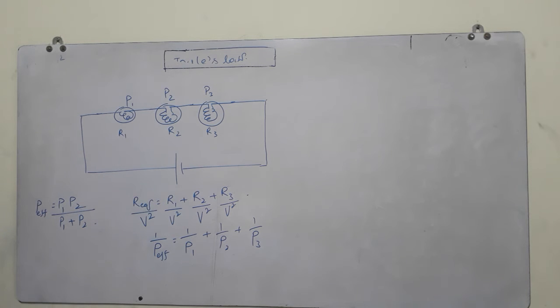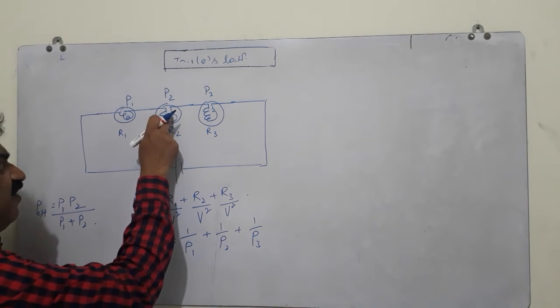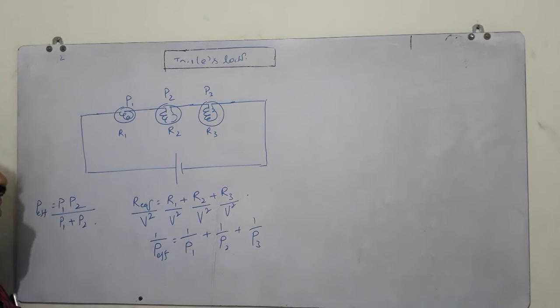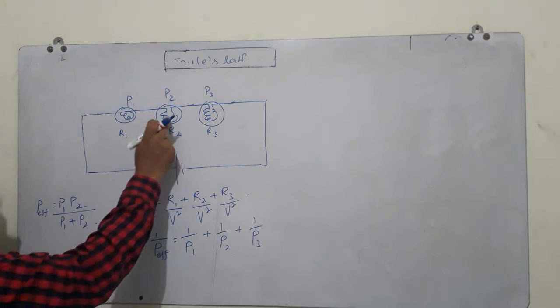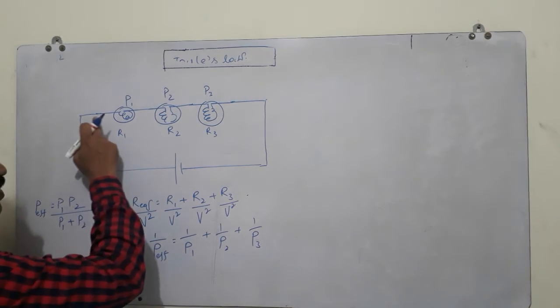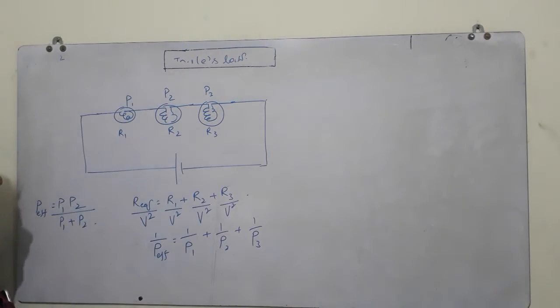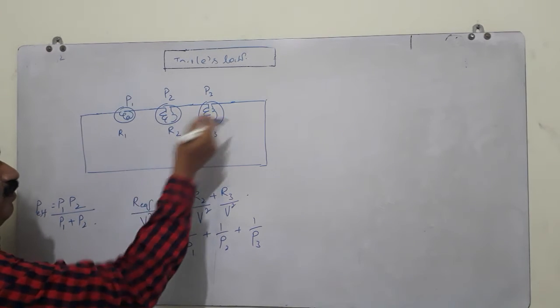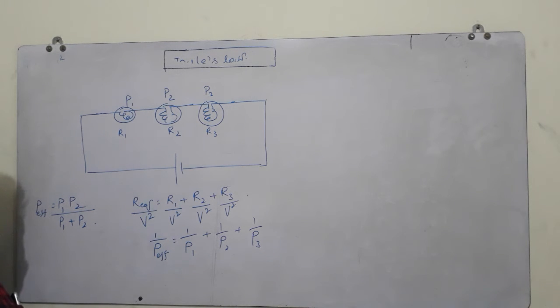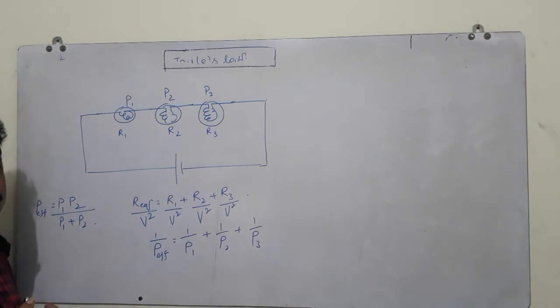In this series combination, if the filament of any one of the bulbs is put off, what happens? There is no current in the entire circuit, so every bulb will be switched off. That is the main defect of this series combination.